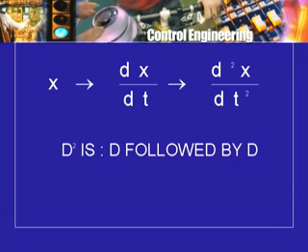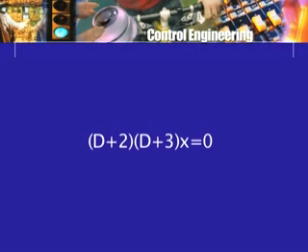So if that's what D squared means, D squared means D followed by D. Apply D to x, and then apply D to the result. That's what D squared means. If that is the case, then what is (D plus 2) followed by (D plus 3) acting on x?